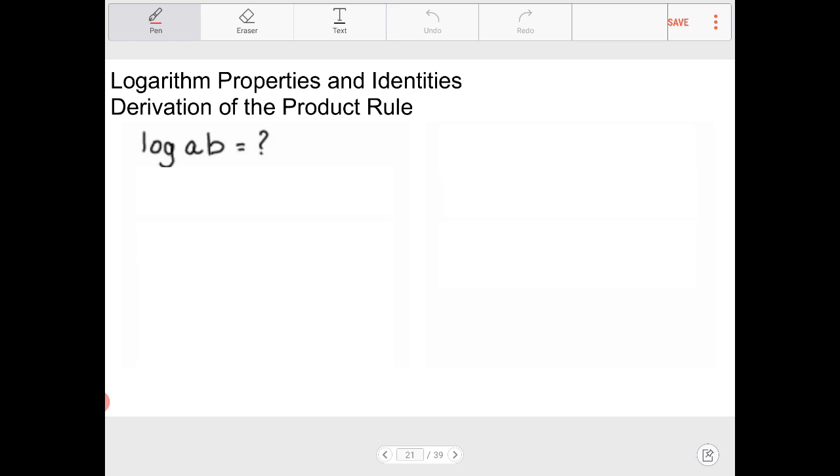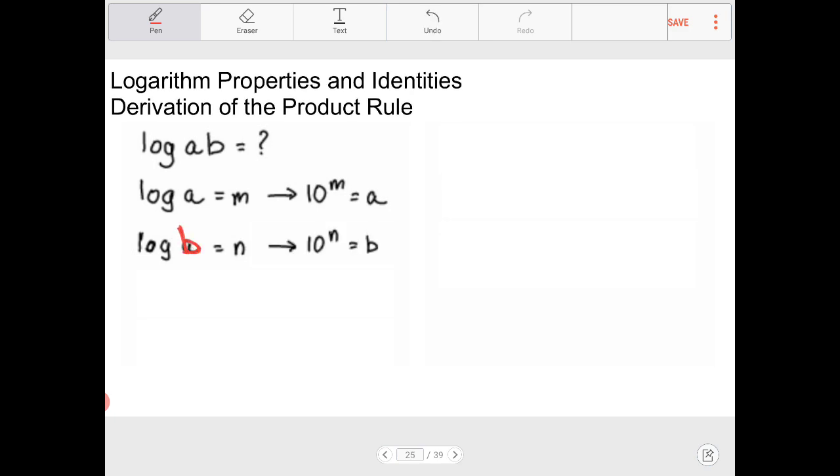So I'm going to call log of A equal to m, and then I can say 10 to the m is equal to A. And I can say log of B is equal to n, so I can say, that should say AB there. How embarrassing. So then I can say 10 to the n is equal to B.